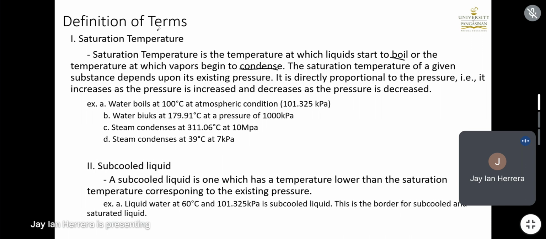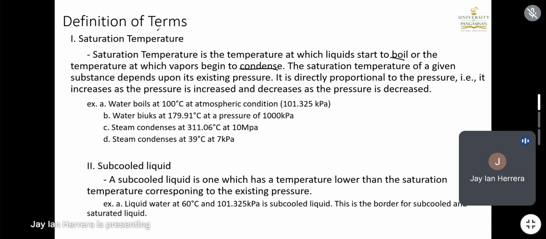at atmospheric condition, 101.325. Water boils at 179.91 at a pressure of 1,000 kilopascal. So that is the saturated liquid properties of water.